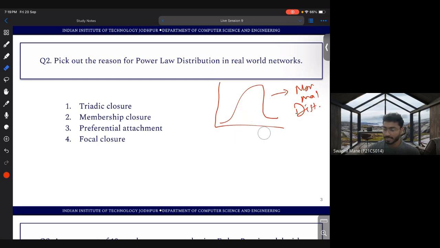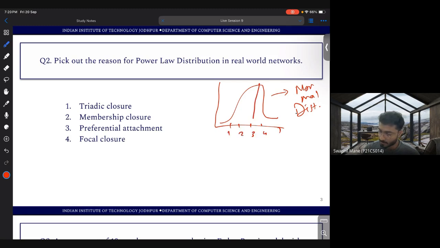Here the x-axis represents the degree of the node, and the y-axis represents the number of nodes. Sorry, the x-axis shows the degrees: 1, 2, 3, 4, 5.